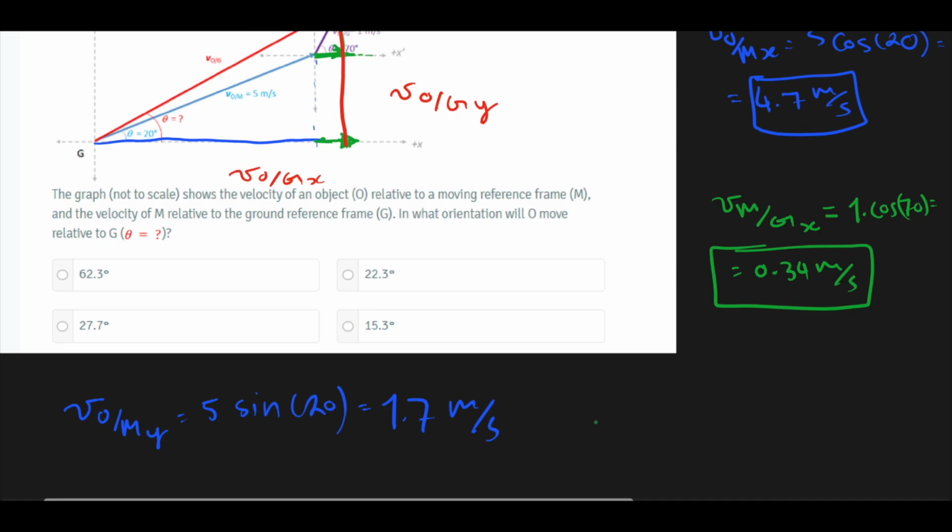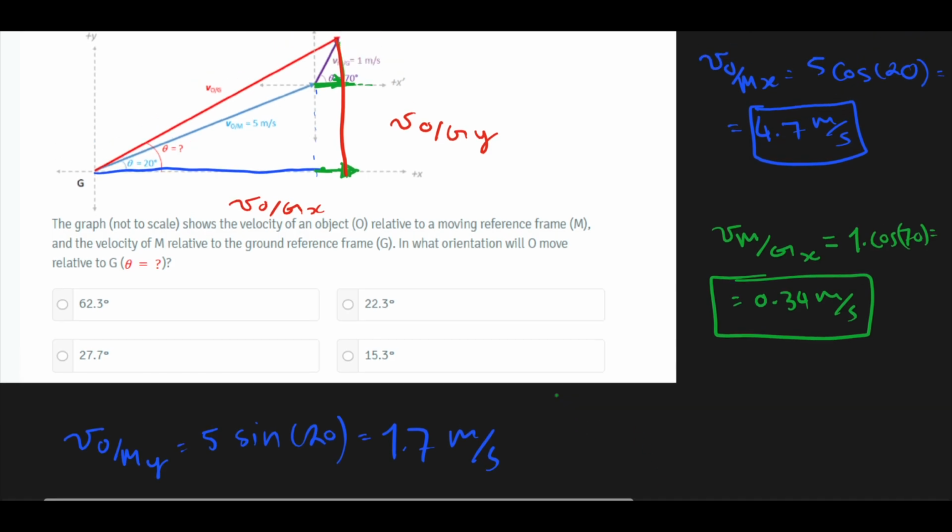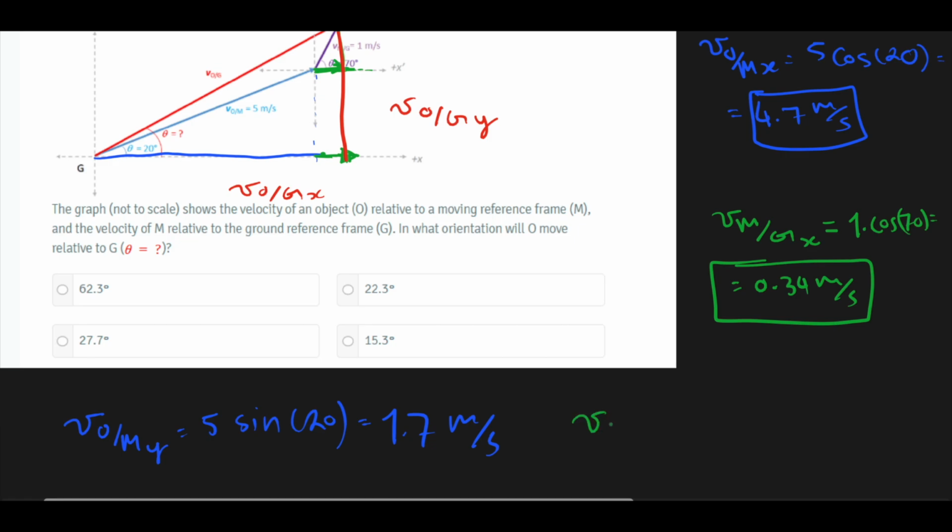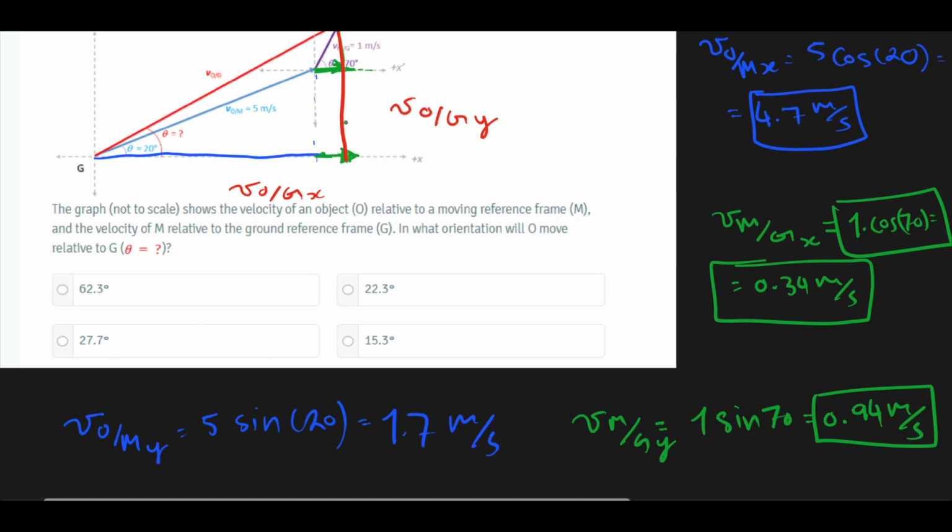And for the purple vector, so Vm relation to G, y is equal to 1 sine 70. And what is it? So 1 sine 70 is 0.94 meters per second. So we got this, and then we got this as well.